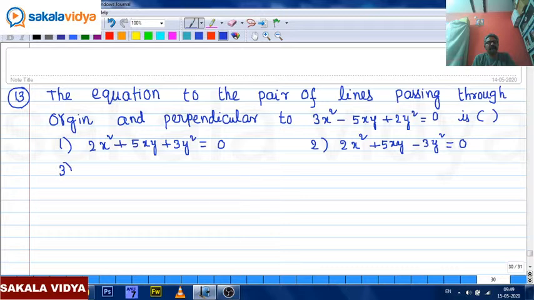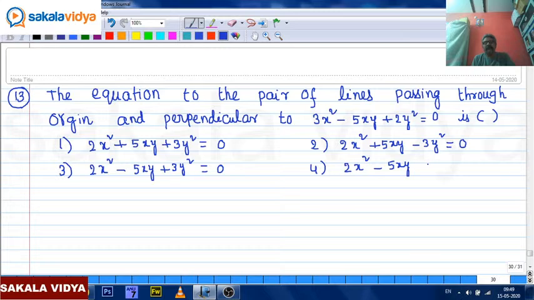Third option, 2x square minus 5xy plus 3y square equals 0. Fourth option, 2x square minus 5xy minus 3y square equals 0. This is the question right now.